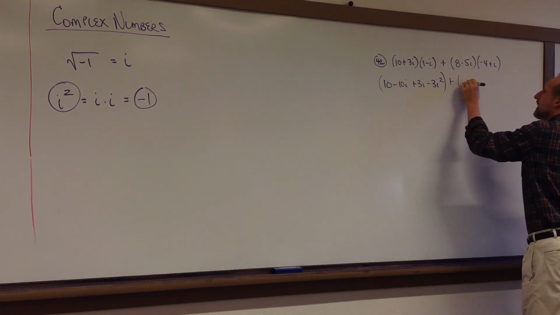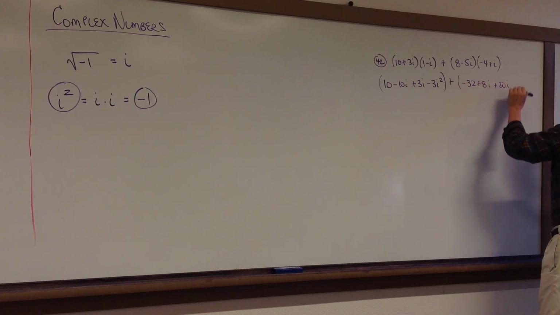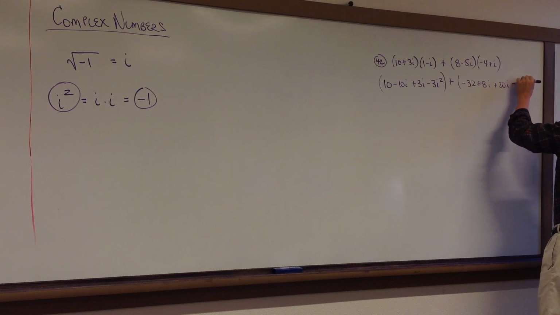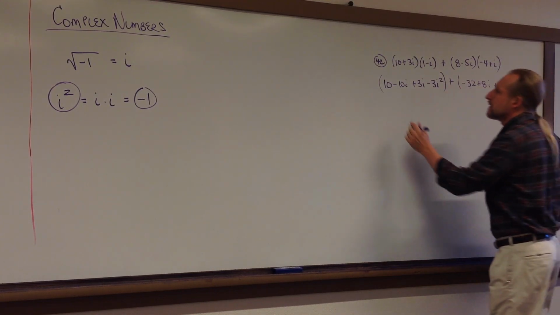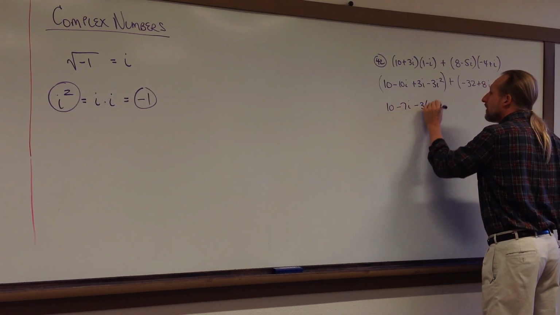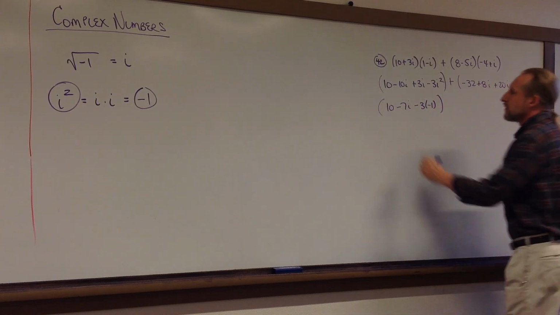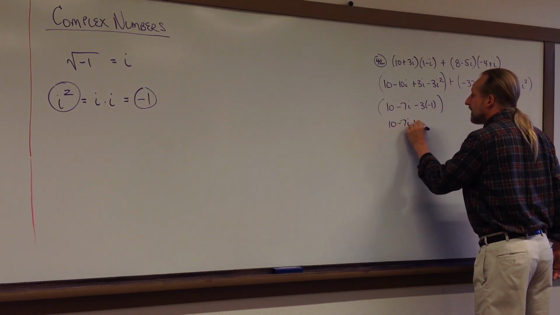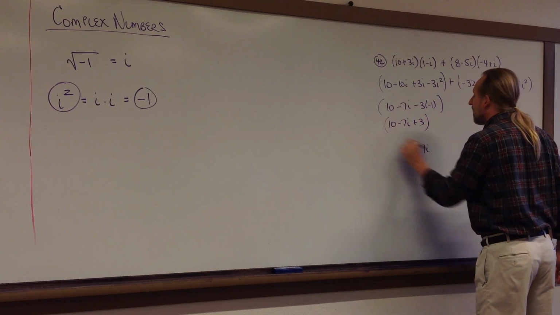Over here we're going to get negative 32 plus 8i plus 20i minus 5i squared. Okay, now let's combine this a little bit. 10 minus 7i, and then I'll replace that i squared with a negative 1. So this is going to be 10 minus 7i plus 3, or 13 minus 7i.